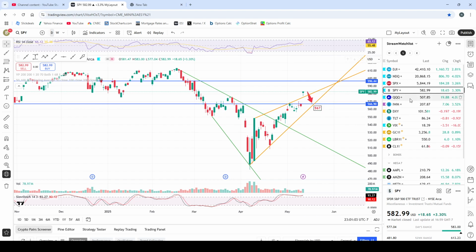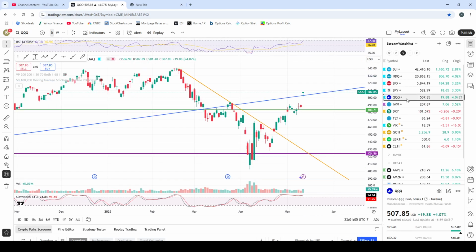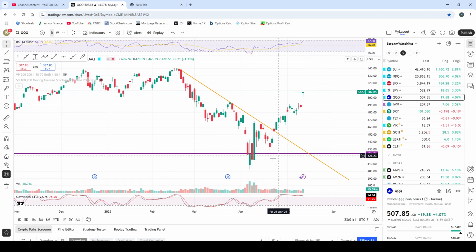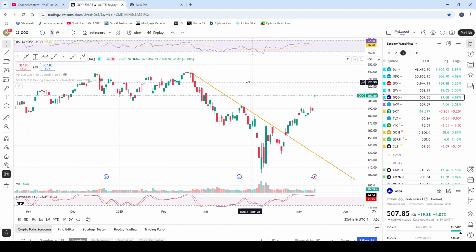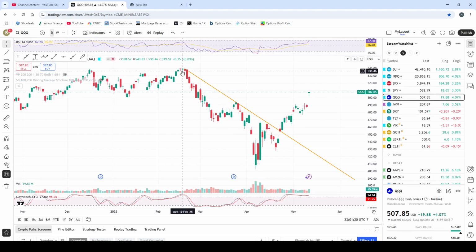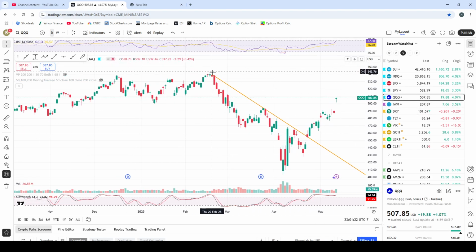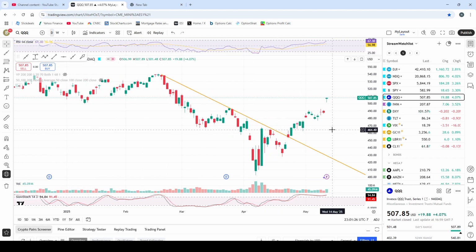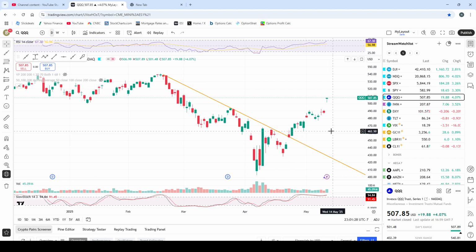All right, now move to QQQ. Again, I take out all the stuff that I drew before to make it easier, and similar to SPY, QQQ also has the trend, so I drew the trend here and keep it intact. Now I'm going to draw a new trend.